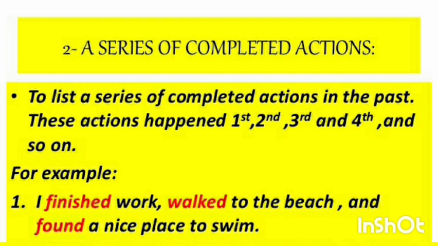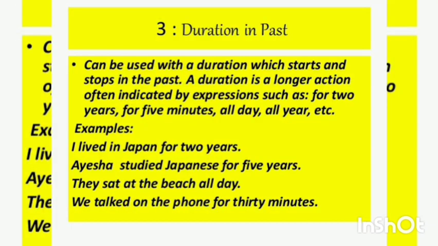These actions happened like first action completed, second action completed, third action completed, fourth action completed, and so on. For example, I finished work, first action completed. Walked to the beach, second action. And found a nice place to swim. Okay, third action completed. Okay, now number 3, duration in past.